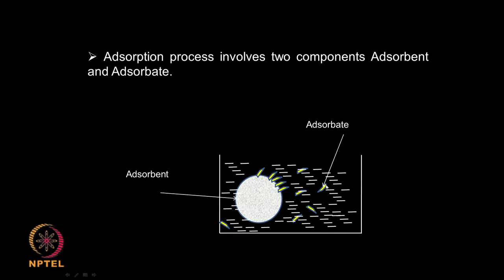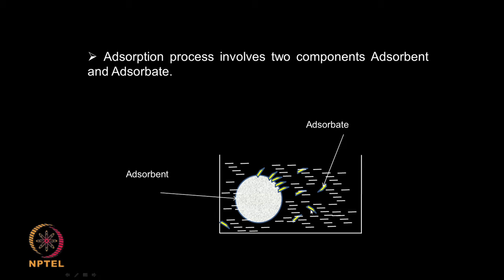So, we have the adsorbate, that is the material that is getting adsorbed, and we have the adsorbent which adsorbs the adsorbate. This type of adsorbent could be silica gel, activated carbon, zeolites. Many different types of adsorbents are available nowadays in the market.